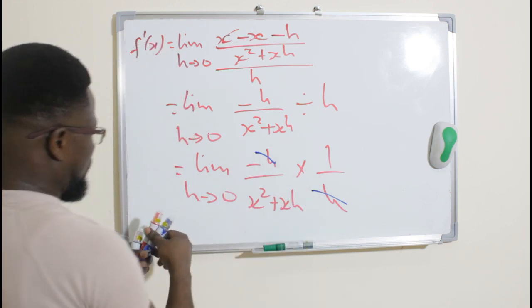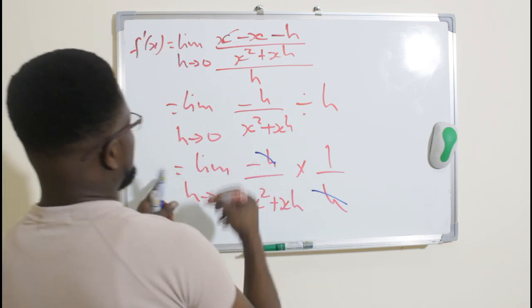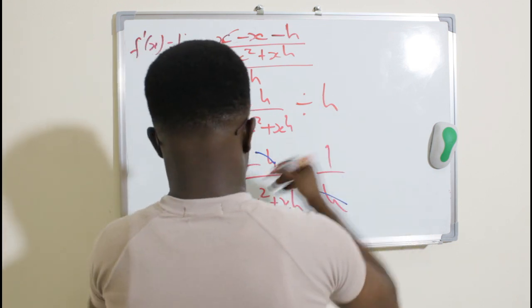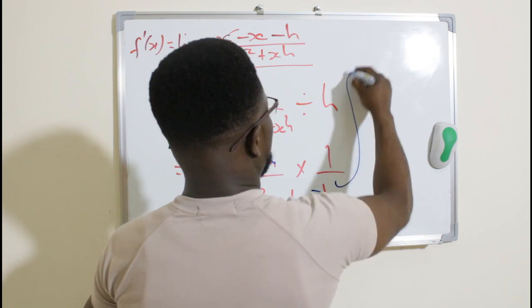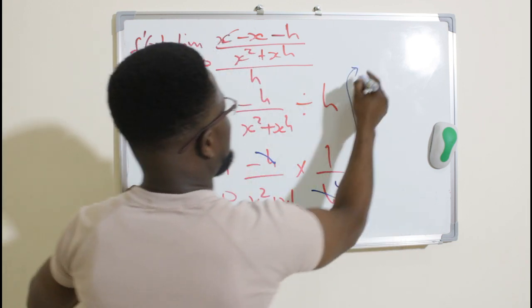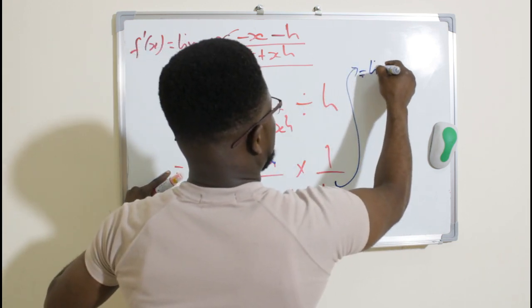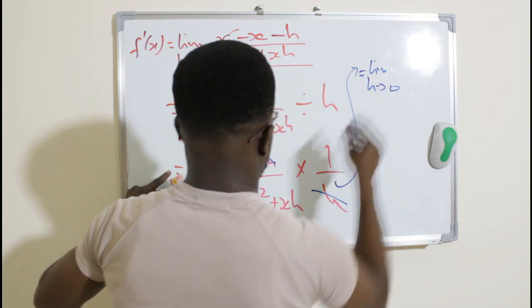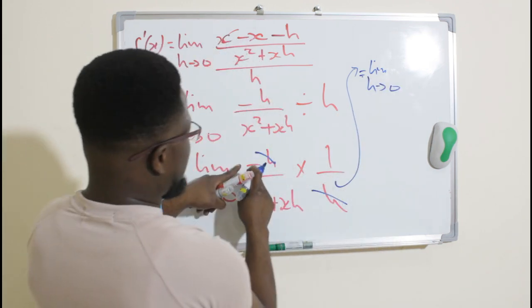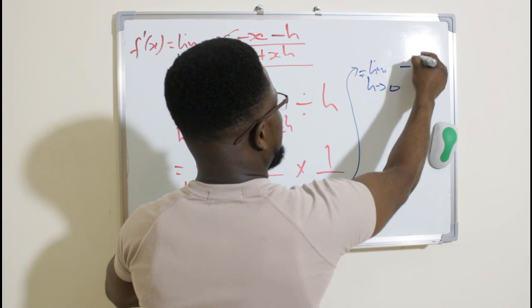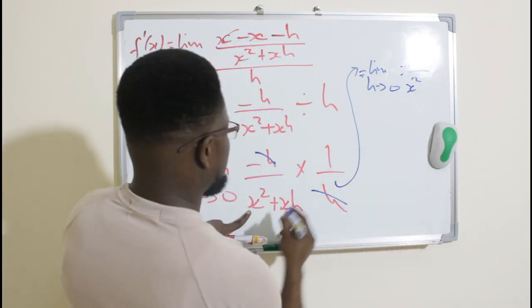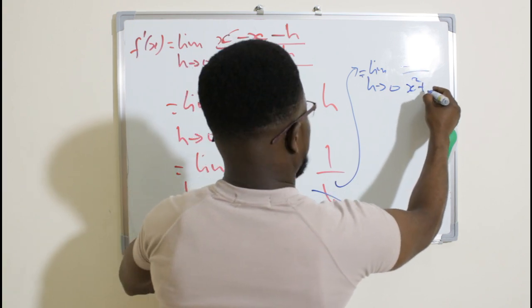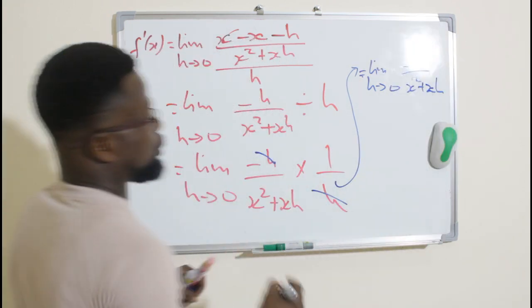Once that is done, I am left with this function. And what is that function? Let me write that on this side. It is just simply going to become the limit as h approaches 0. What do I have? Negative multiplied by 1, that will be negative 1 all over x squared plus xh.